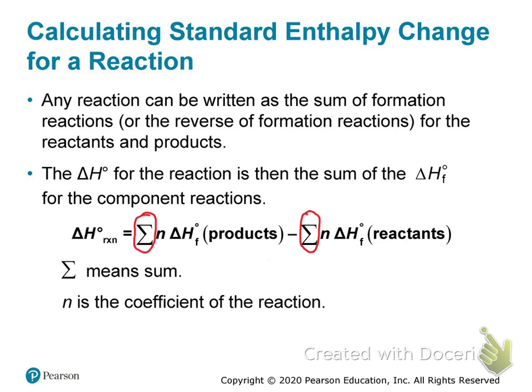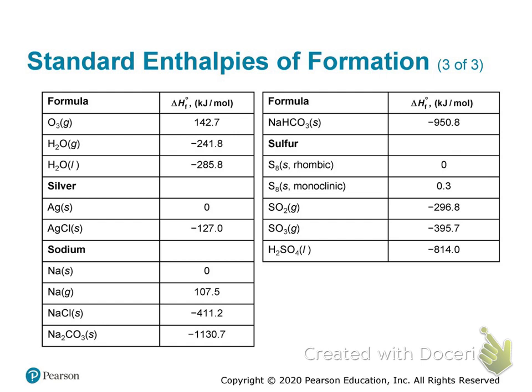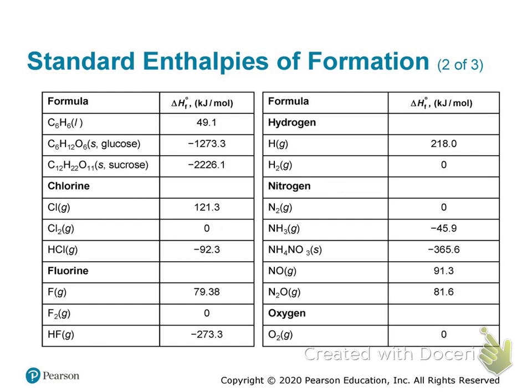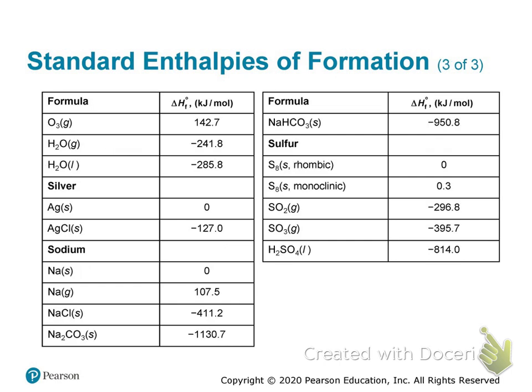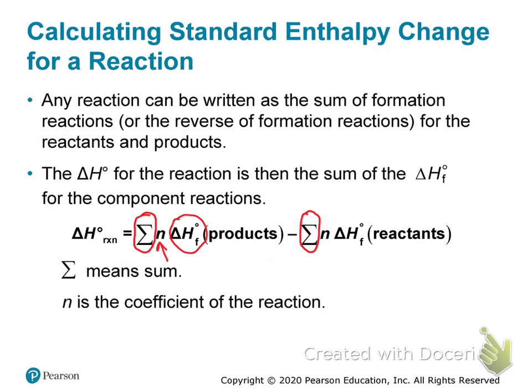So if I have multiple products or multiple reactants, a condensed way to write the equation is to use the summation. N represents the number of moles, and delta H0F comes from the tables that we saw before. We extract these values from the table and substitute them in this equation.